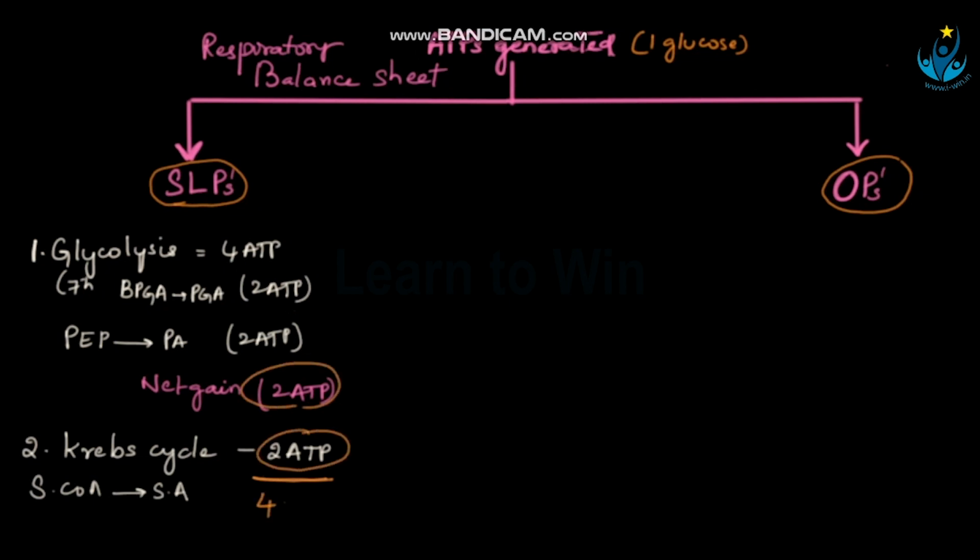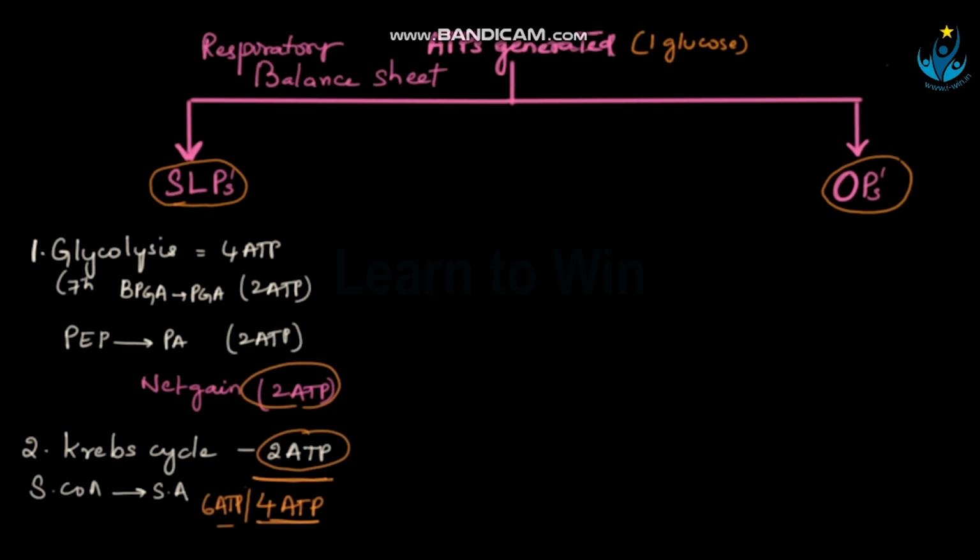So 4 ATP are added if you are considering the net gain, and if you are considering the gross gain, then it is 6 ATP. ATPs are added directly from substrate level phosphorylation.